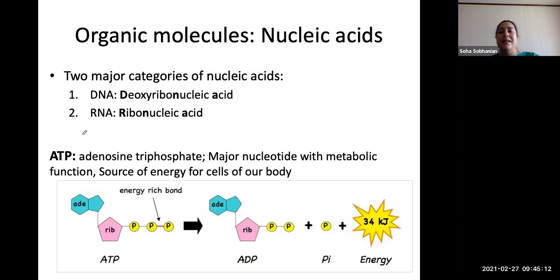So here is basically a little bit more about DNA, RNA, and ATP. First of all, if I ask you what DNA stands for, it stands for deoxyribonucleic acid. So the D and the N and the A I highlighted or bolded for you. RNA stands for ribonucleic acid.